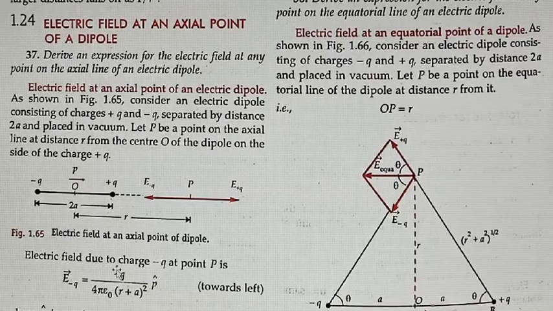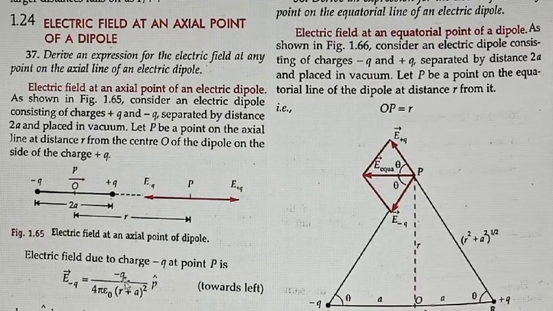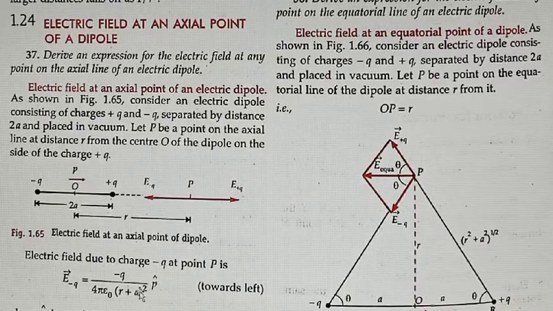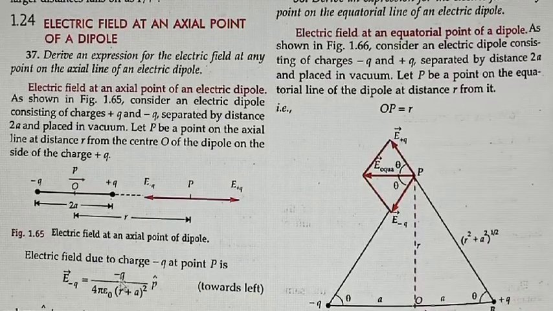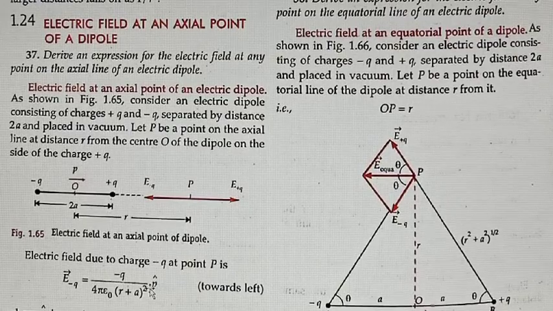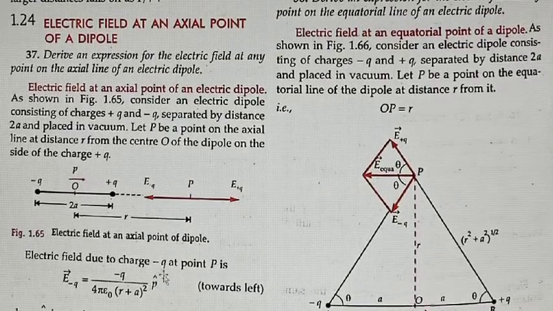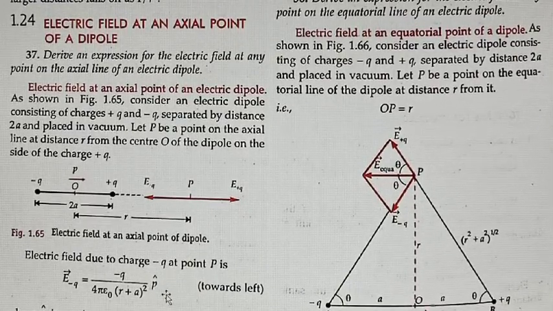So instead of writing this, you can write q by 4 pi epsilon naught (r plus a) whole square inside bracket minus p cap. So you can put the minus sign here also. Minus p cap means it is opposite to the direction of dipole moment.